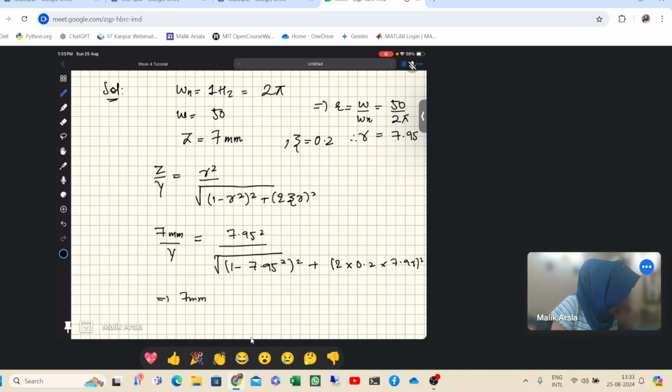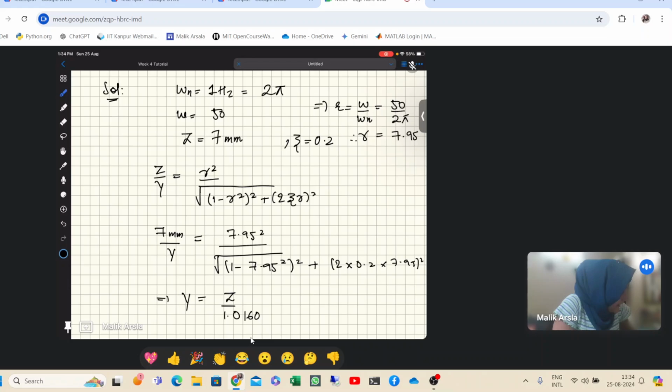Let me transfer Y here. So Y is equal to Z upon this whole thing, which, if you calculate, comes out to be 1.0160.